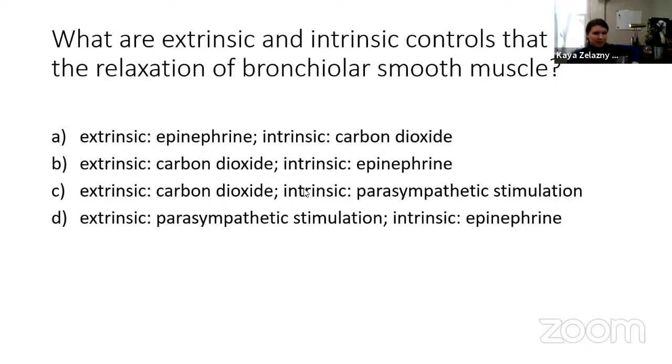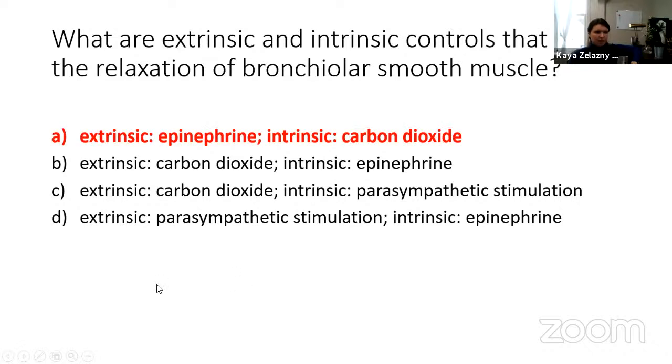Okay, so thinking back to those extrinsic and intrinsic factors, which we're now comparing in the bronchioles to our vasculature, our extrinsic factor might be something like epinephrine. Epinephrine, remember, is a hormone, but also related to the sympathetic nervous system. Sympathetics, when they get to the adrenal glands, let out epinephrine.